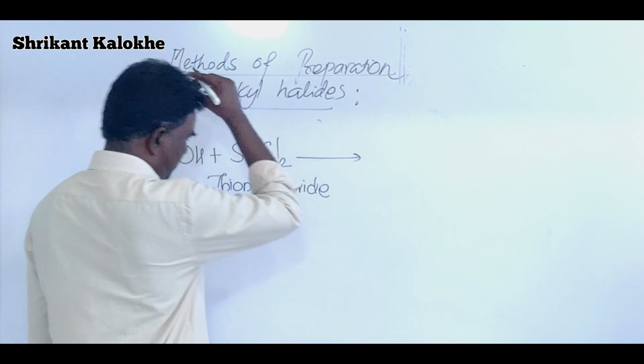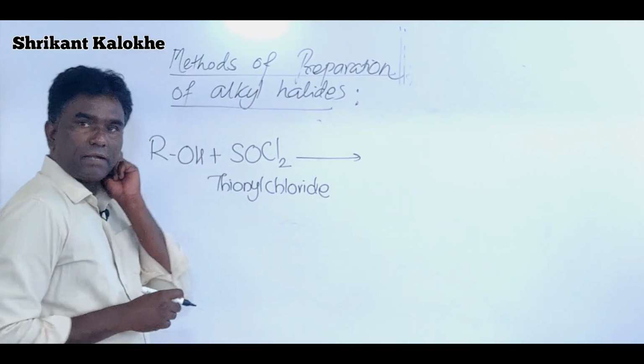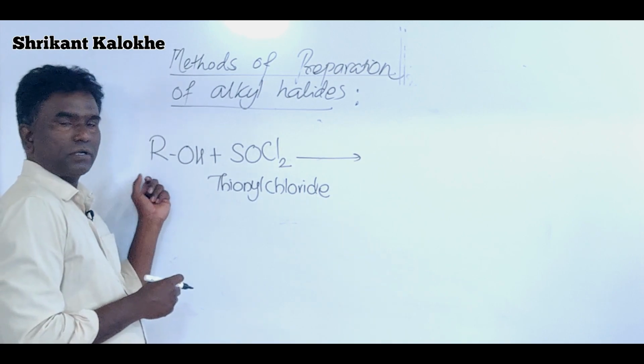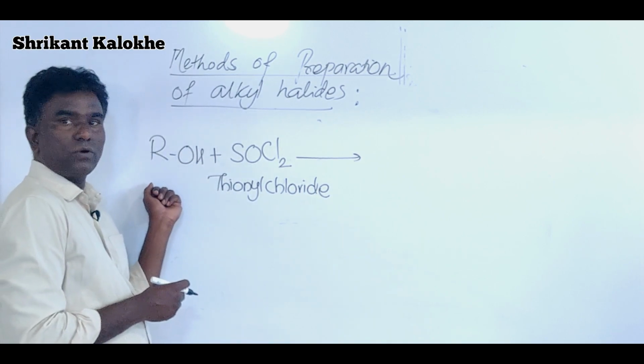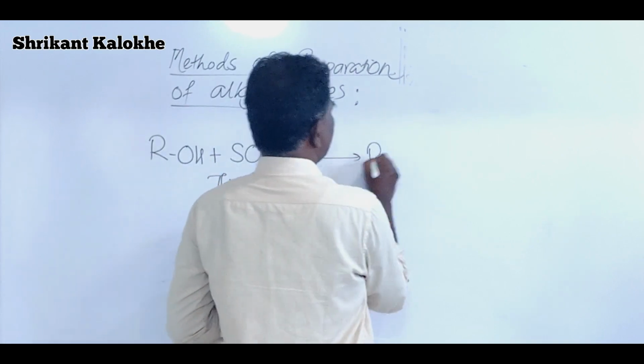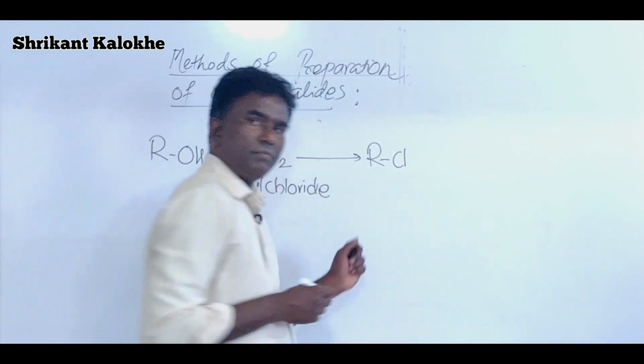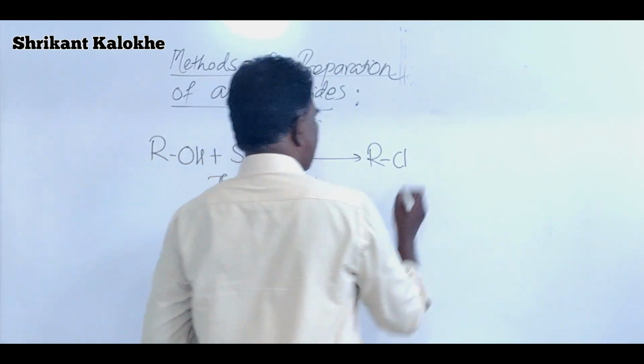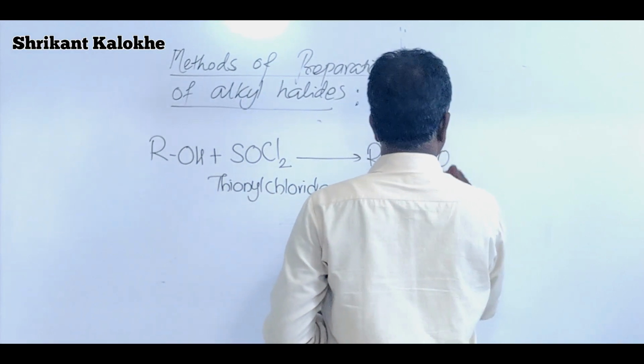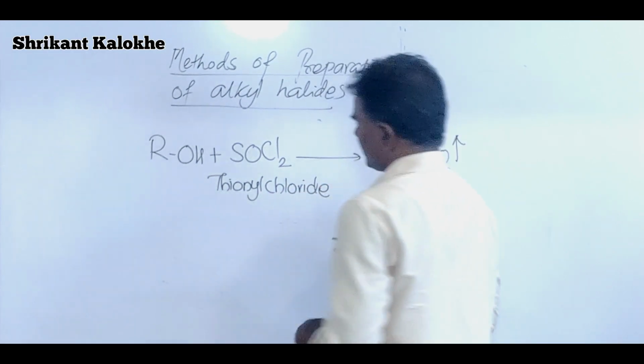Here we will write our expected product first. What is our expected product? After the halogenation of this alcohol, we will get RCl, meaning alkyl chloride, and there are 2 gases which are evolved during this reaction.